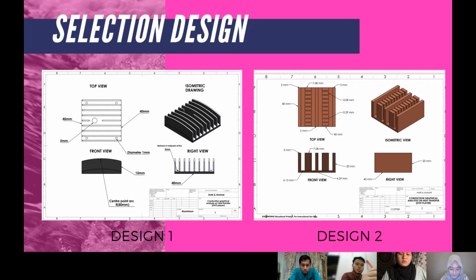For design one, we use the aluminium material, where the base of the fin is 40 millimeters times 40 millimeters, and at the fin there are a few holes of 5 millimeters and 1 millimeter diameter. The gap from fin to fin is 5 millimeters. The center point arc for this design is 80 mm.